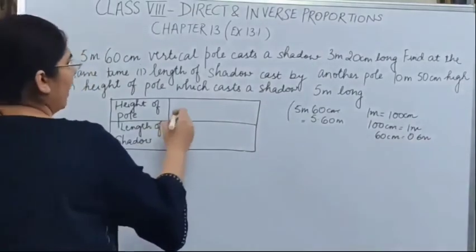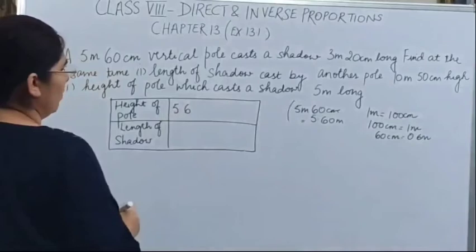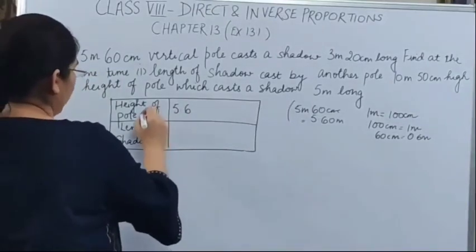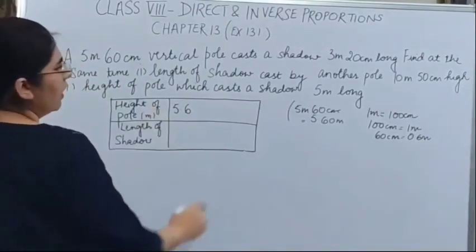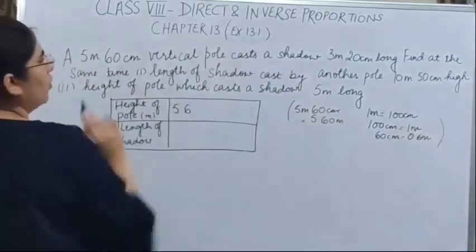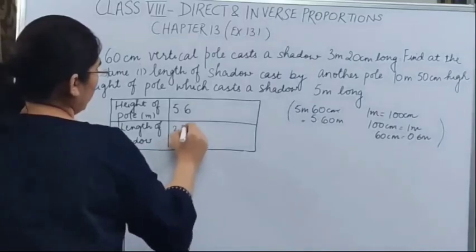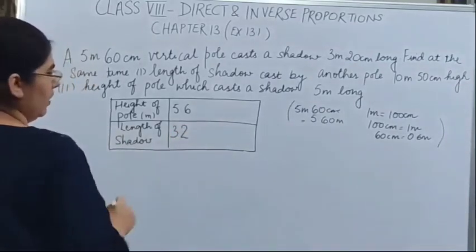So I can write this as 5.6 meters. Right? Similarly, I can write 3 meters 20 centimeters as 3.2 meters.